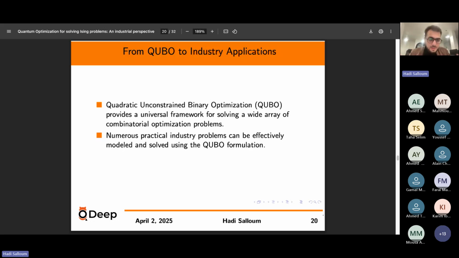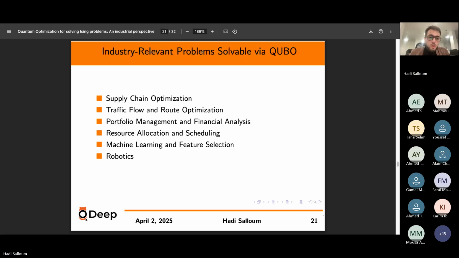This hybrid quantum computing is what quantum companies are using right now, and what we are using here at QDeep as well. And you can use QUBO for supply chain optimization, traffic flow and route optimization, portfolio management and financial analysis, resource allocation, even machine learning and feature selection, and even robotics.